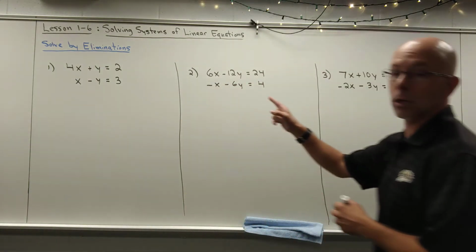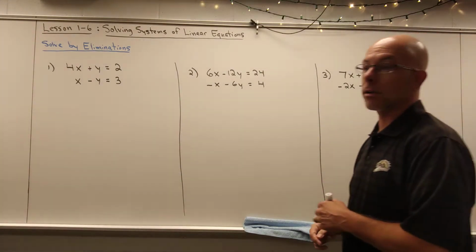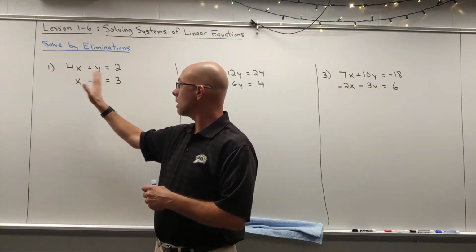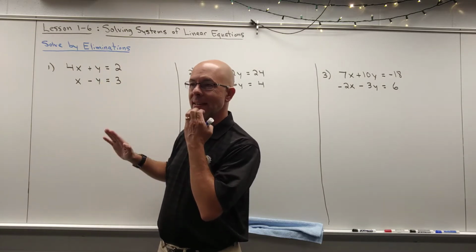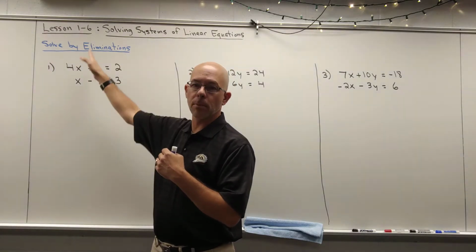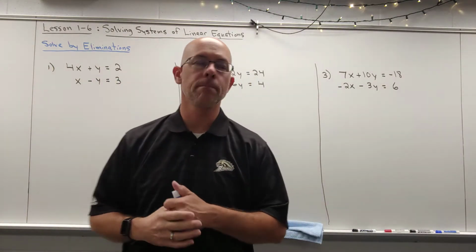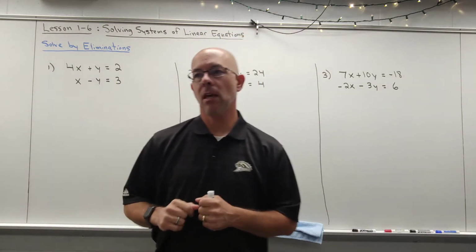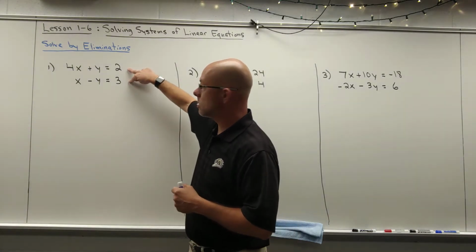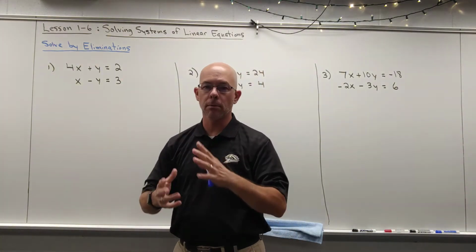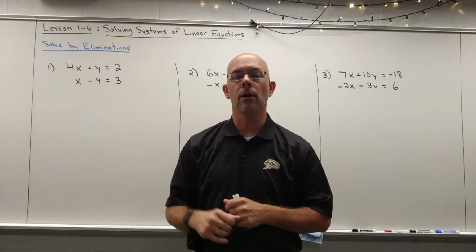These problems, as you look at them, they're in standard form, meaning that x and y are on the left side of the equal sign, the numbers on the right side of the equal sign. The x's line up, the plus and minus signs line up, the y's line up, the equal signs line up, and that's important. So understand, if you think of this as, hey, this is two lines that could be graphed together. Think of every problem as two lines that could be graphed together.